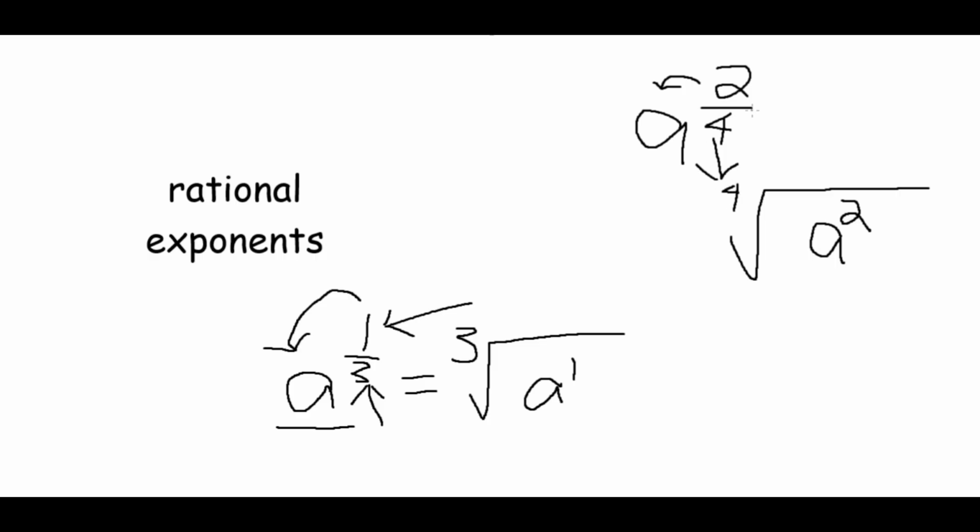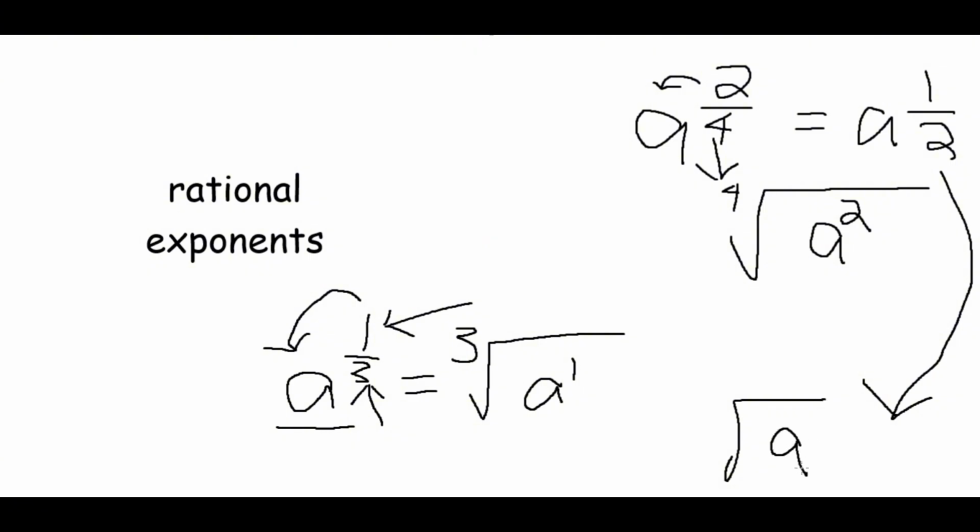So a to the power of 2 over 4 is equal to the fourth root of a squared, or we can simplify this into a to the 1/2, which is then equal to just the square root of a.